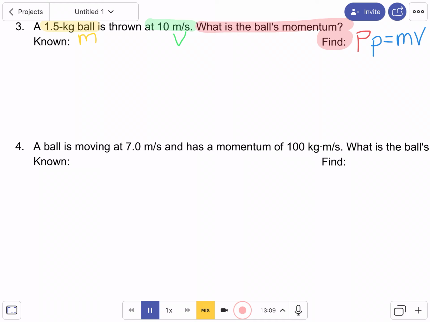I'll color code this again, just for this one. So we end up with P equals, and I'm going to put my mass in, 1.5 kilograms times 10 meters per second.